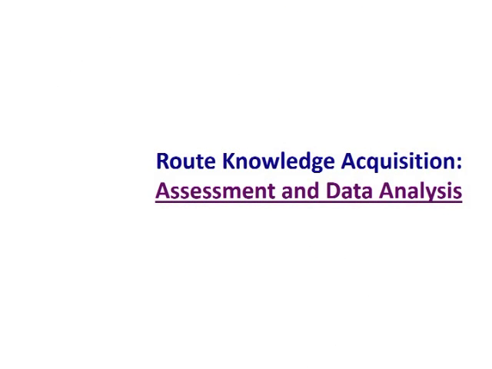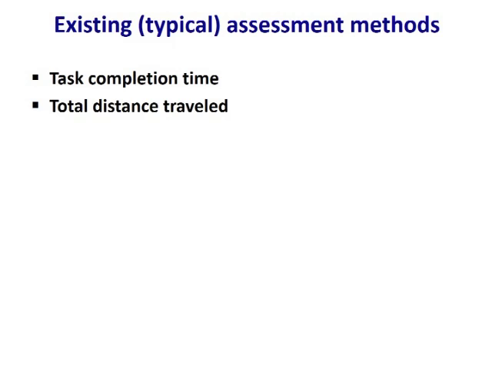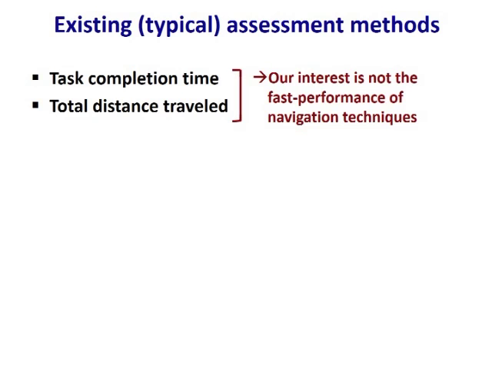Now let's look at the assessment and data analysis of route knowledge acquisition. We first looked at the existing assessment methods. The task completion time and total distance traveled are generally used for route knowledge assessment. But our interest is not the faster performance of navigation techniques.